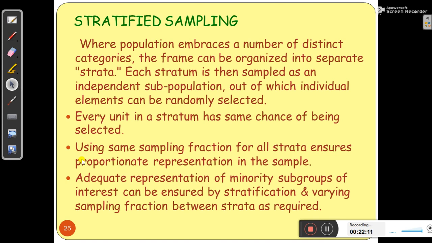So here the population is divided into distinct categories, and every stratum is sampled as an independent subpopulation. This means different strata are not dependent, they are independent, and we apply the sampling technique independently over each subpopulation, out of which individual elements can be randomly selected.